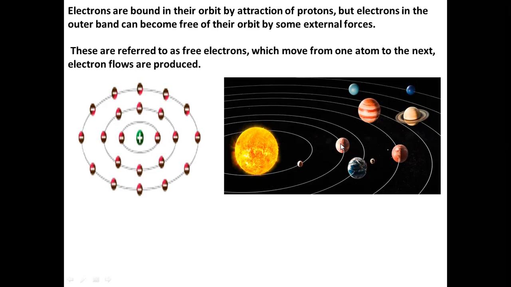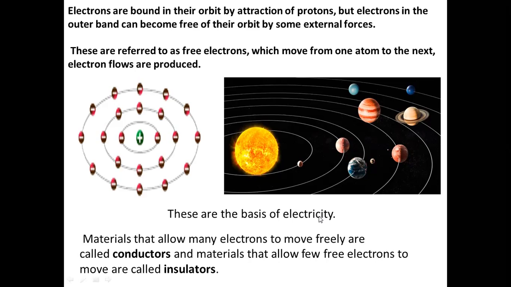These planets don't go off from the orbit because of the attraction of the sun, the gravitational force of the sun and the planet. These are the basis of electricity.